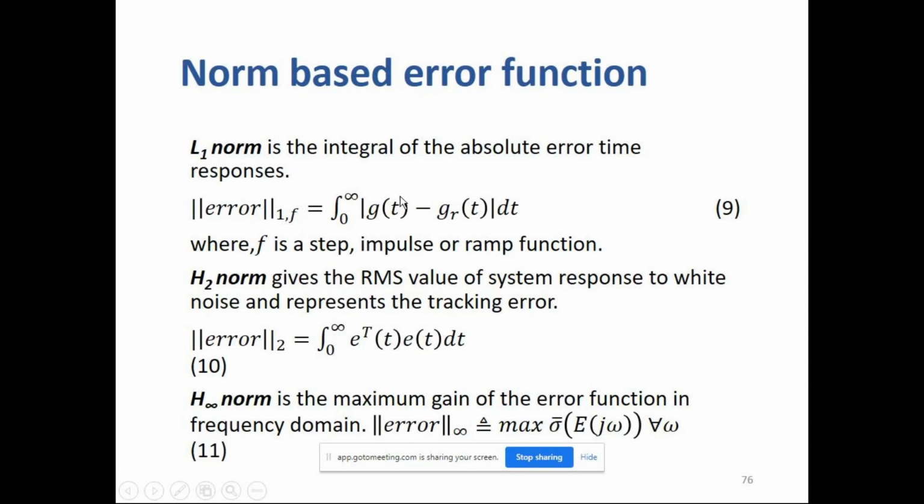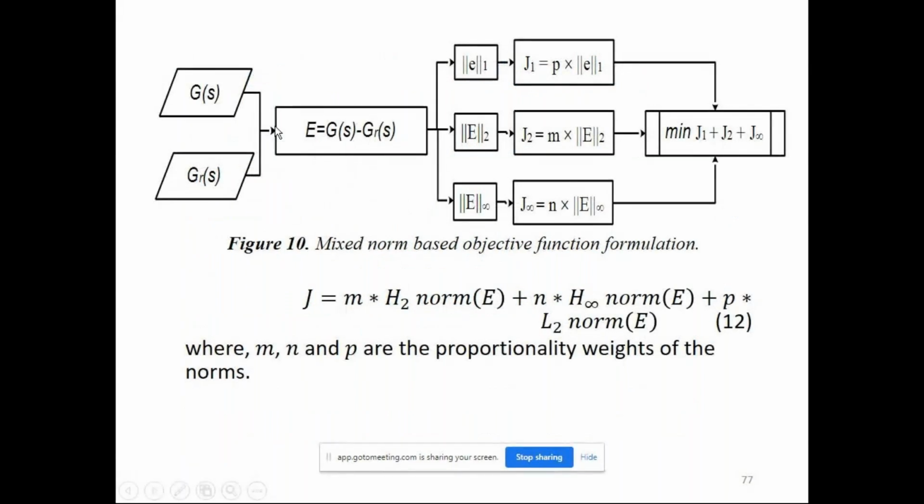This is the integral of the absolute error, and this is the system response to white noise representing the error, and this is the maximum gain of the error function in the frequency domain. So these are all factors. If you have the actual plant, that is G(s), and this is the reduced order plant, that is Gr(s), and this is the error function. So this is the first norm, this is the second norm, and this is the infinity norm.